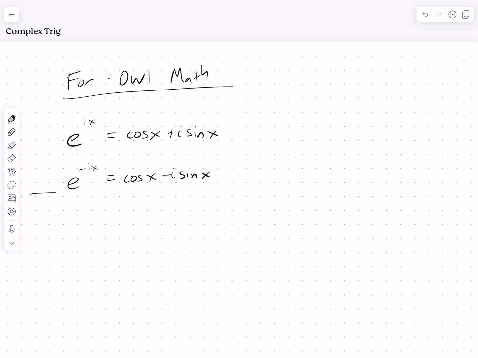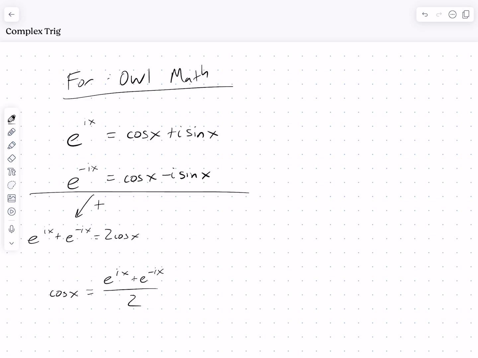If we, on the one hand, take these two equations and add them, we will get e to the ix plus e to the negative ix is equal to 2 cos x. In other words, cosine of a complex input is e to the ix plus e to the negative ix over 2.